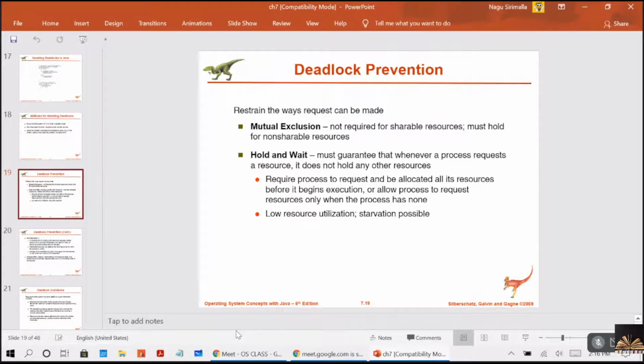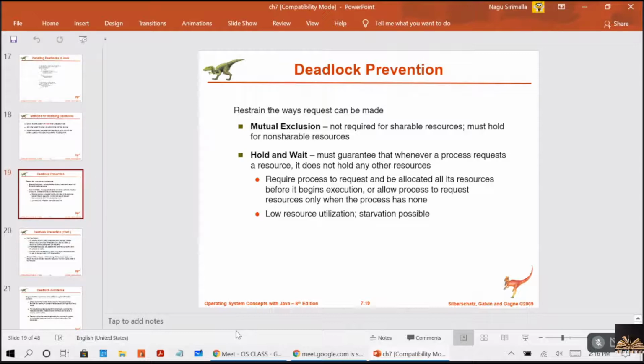Deadlock prevention provides a set of methods to ensure that at least one of the necessary conditions cannot hold. Deadlock can be prevented if any one of the mutual exclusion, hold and wait, no preemption and circular wait conditions cannot hold. Remember, the deadlock necessary conditions mean all the 4 should be there for making the deadlock.